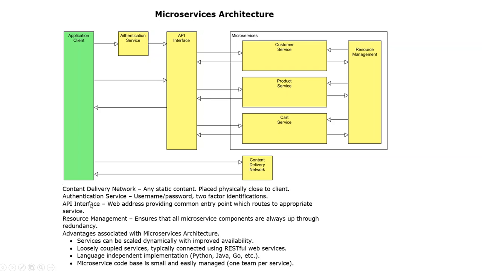The API interface is then exposing the web address and a common interface, routing traffic to the individual services back here, as we spoke about earlier. So the resource management piece is ensuring high availability so that the microservices components are available.